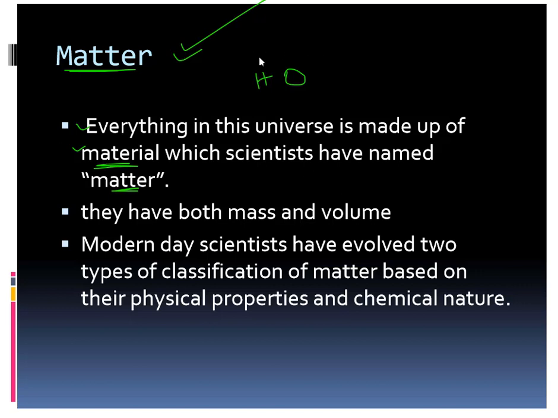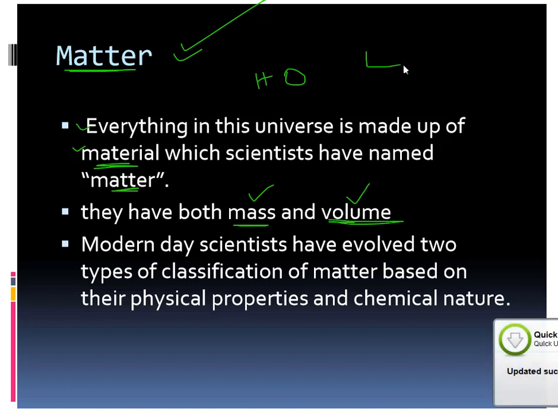Now, what are the properties of matter? They have two properties: they have mass and they have volume. Anything that exists in this universe has a particular mass and occupies a certain volume. Suppose you take a brick. The brick has a certain mass and occupies a certain volume.